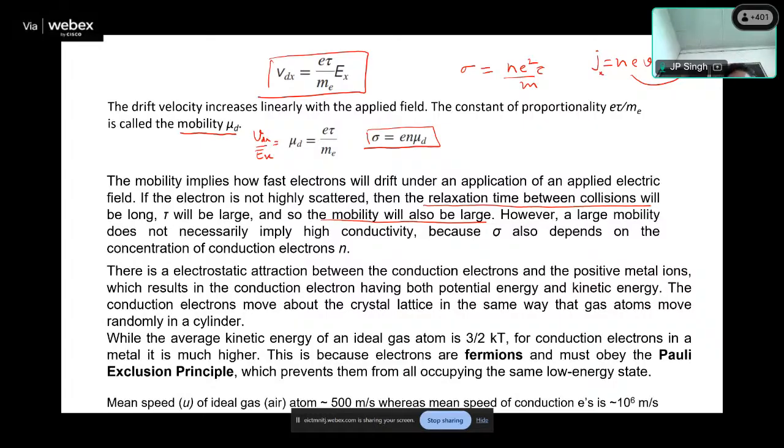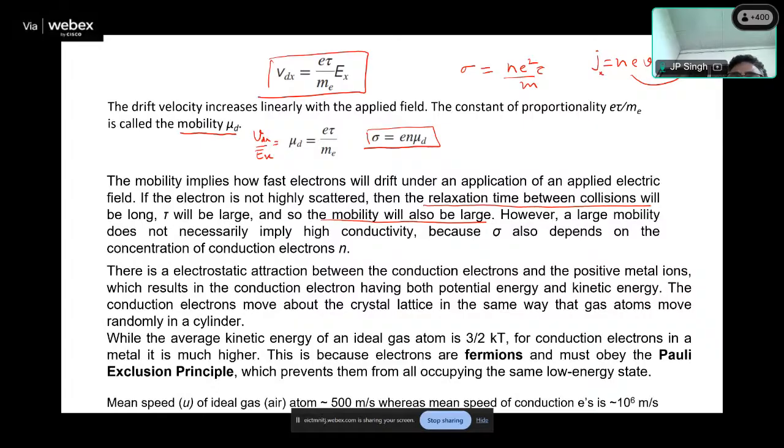Now this is the success of the Drude model. We can get some very interesting parameters, like the mobility, the drift velocity and the conductivity, and to a very good extent these values are reasonable and were also found experimentally. But there is one very interesting thing we have to notice here.